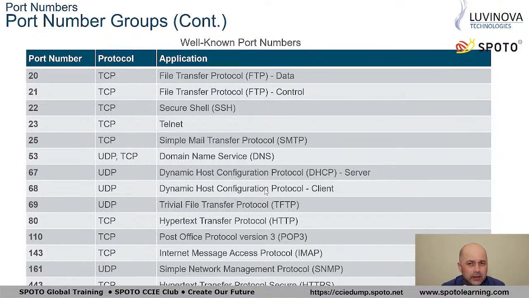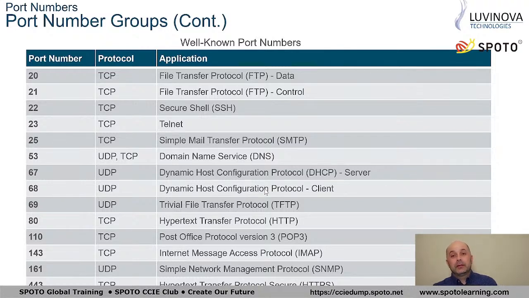One more thing, some applications use both protocols, UDP and TCP. So DNS is one of those protocols that use both TCP and UDP. 67, DHCP has 68 as well. 69, TFTP protocol. 80 is well known as the web browsing port number.